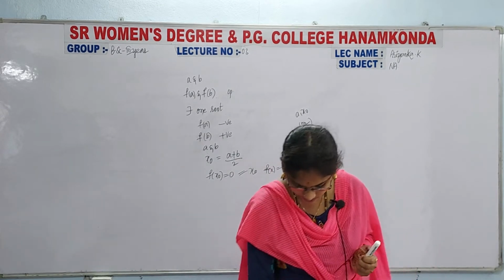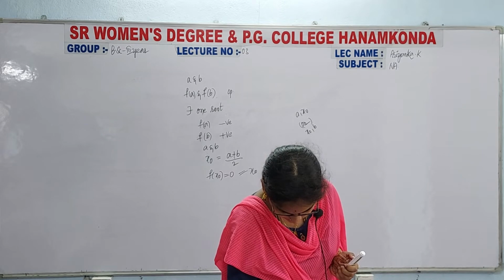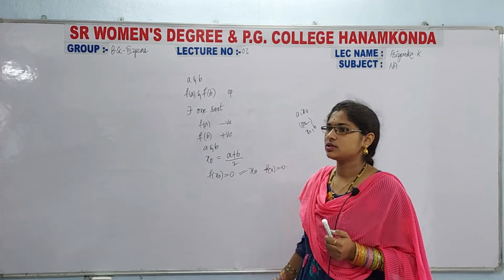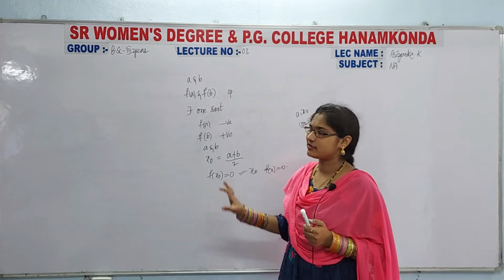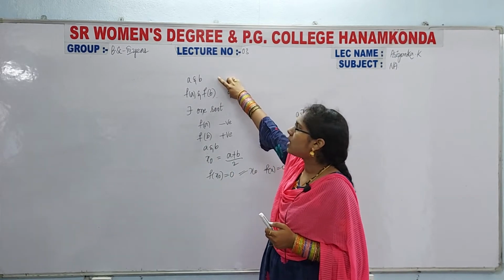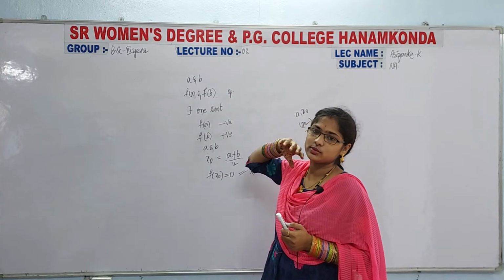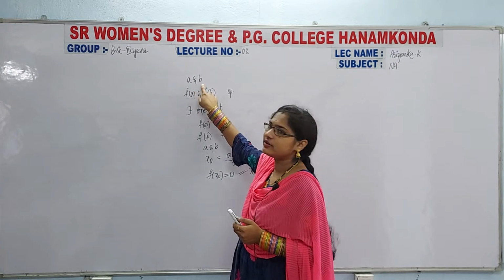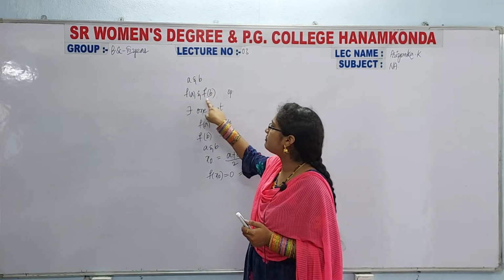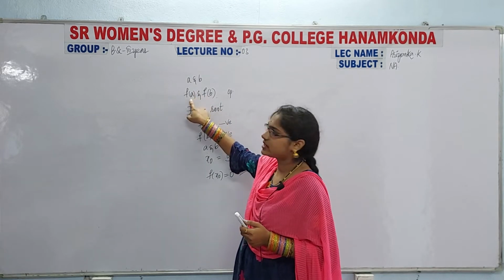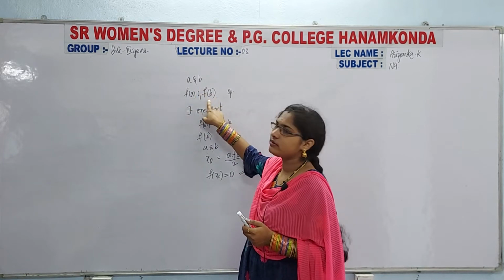So next write down the procedure. Write it point-wise. First of all, they give the interval a and b. According to the statement, this bisection method is introduced by one theorem: for the interval a and b, f of a and f of b are the functions. By substituting a we get f of a, and by substituting b we get f of b.